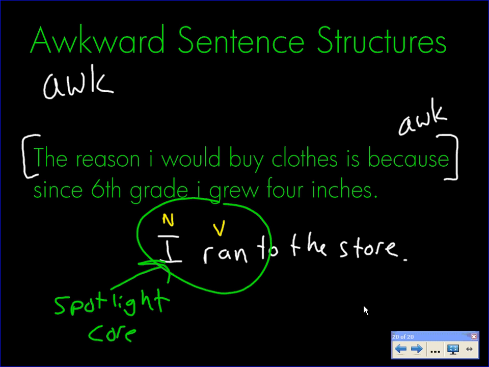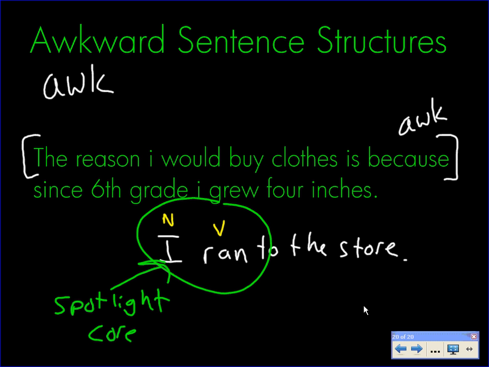Can somebody take a look at Heather's sentence and tell me what the noun-verb pair in that first string that I bracketed is? Allie. It should be, but it's not. Allie said I buy, or I would buy in this case. Allie, I agree with you.